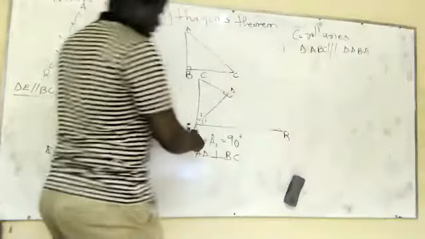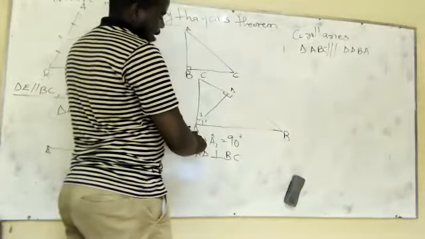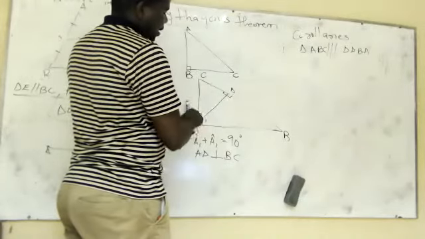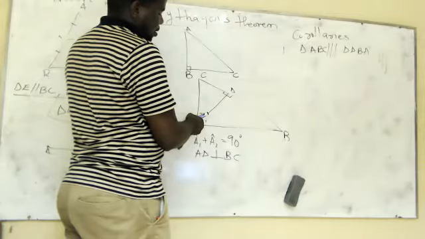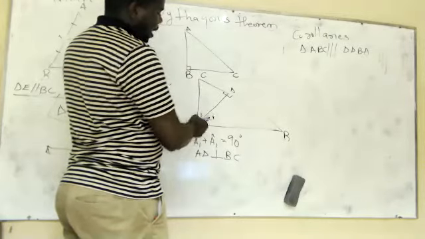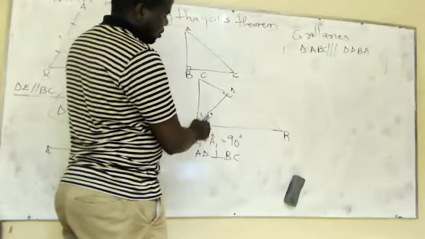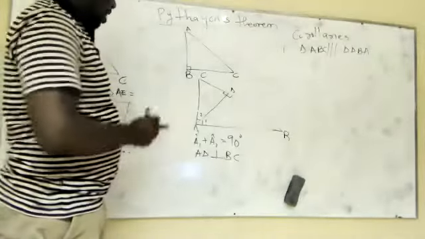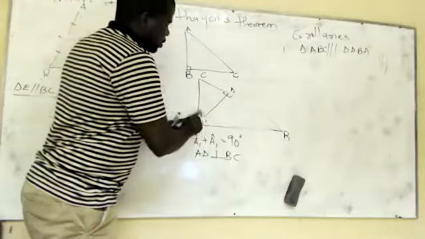Let's check. Does triangle ABD have a full angle A? Remember, the full angle A is this one, right? Then it's not going to be A1 because it's not sharing the full angle.